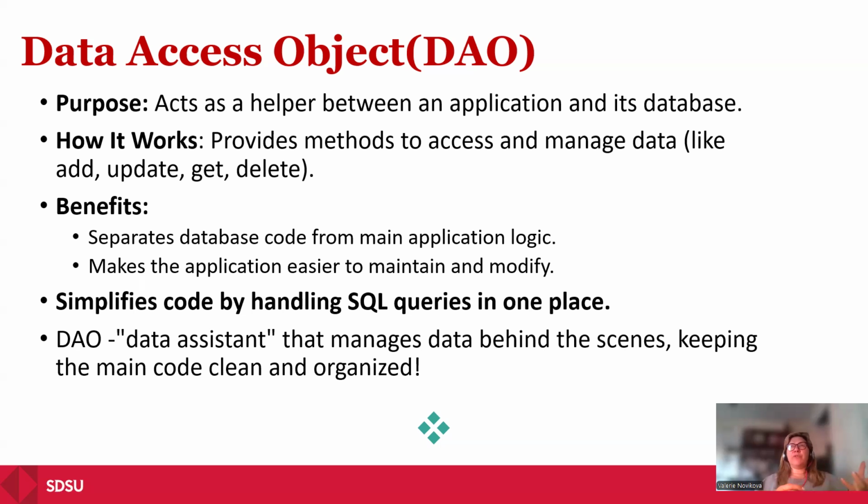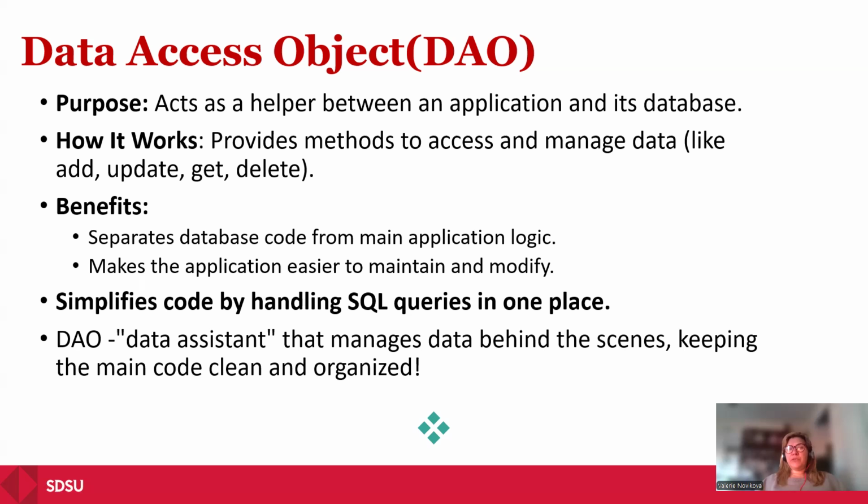For example, if you're trying to pay some bills, there is a programming method for that. If you're trying to transfer some money between your accounts, there is a method for that, and so forth. So it is an object that has different connections to the database. It's a programming object. It's a program.